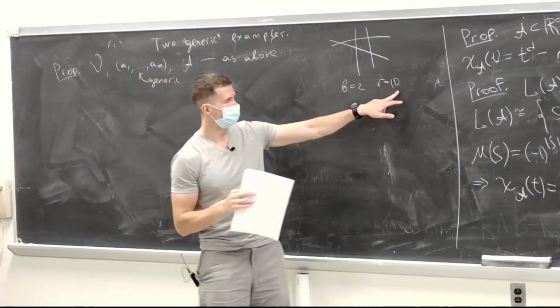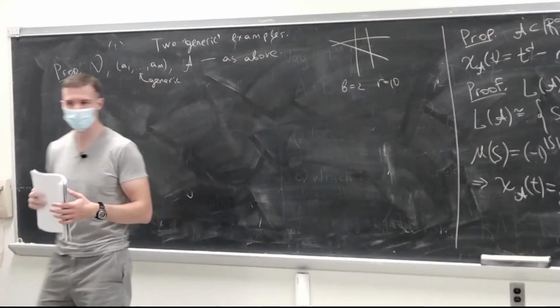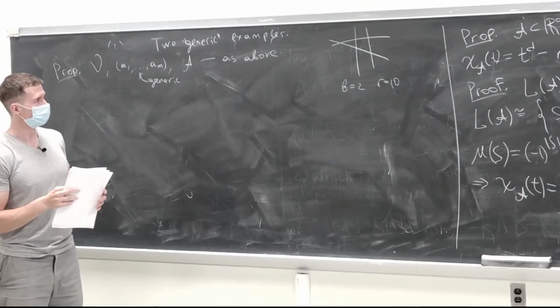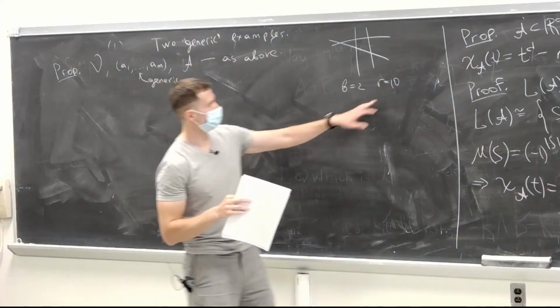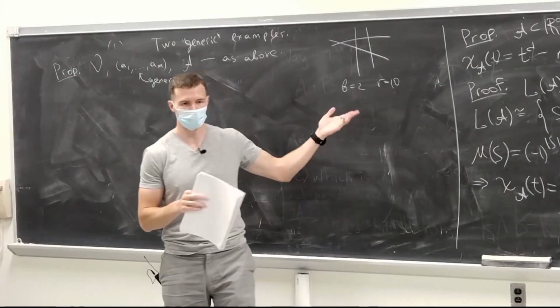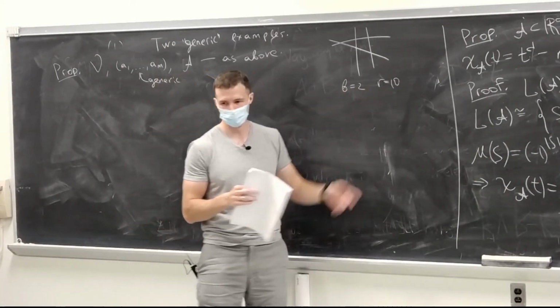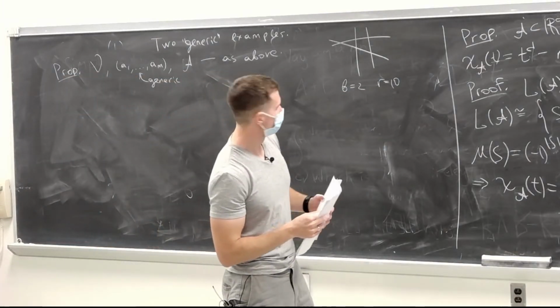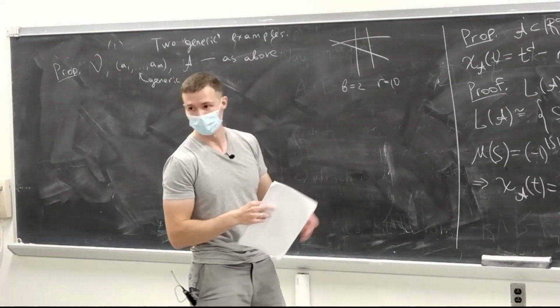What is 10 in general for an arbitrary vector configuration? You should think of 10 as almost 11. It's 11 minus 1, which, that's the number of independent sets.